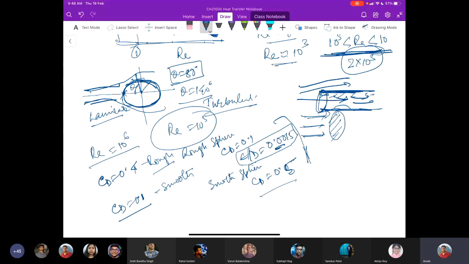For this flow scenario, your drag coefficient decreased if you increase the surface roughness when the Reynolds number was in the order of 10 to the power 5. But if you operate the same sphere or same design at a higher Reynolds number, for which you didn't design it, then you would encounter much higher drag, about 4 times increase in drag.